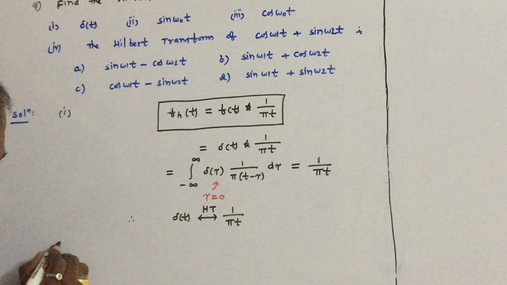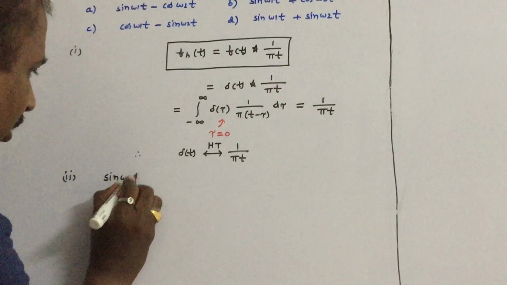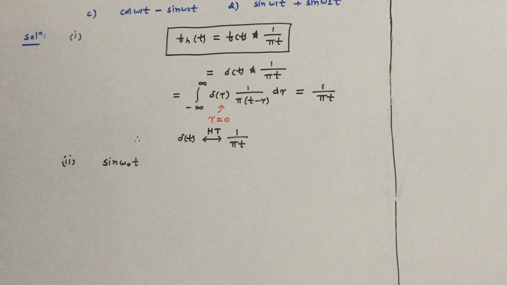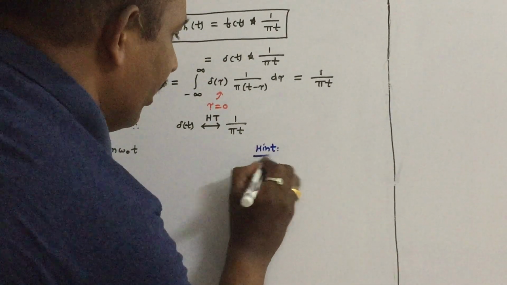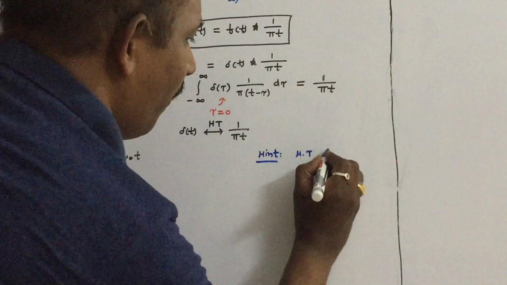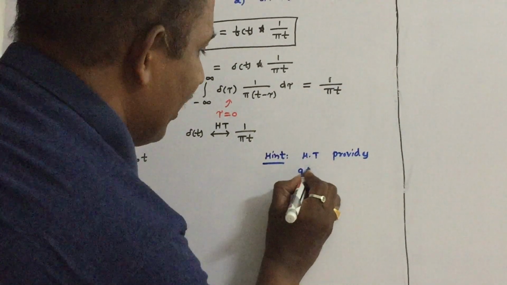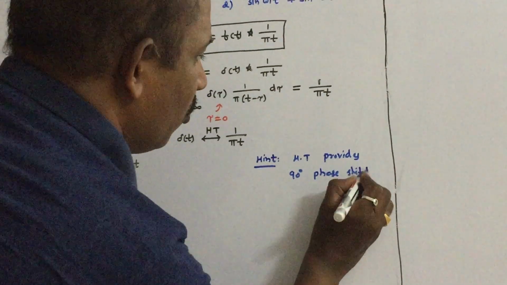Let us see the Hilbert transform of the second function, sine omega 0 t. Remember this very important hint while finding the Hilbert transform: the Hilbert transform provides a 90 degrees phase shift to the signal.